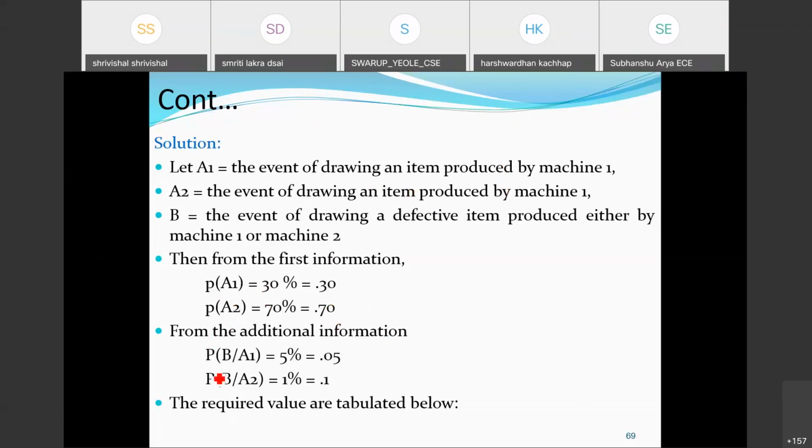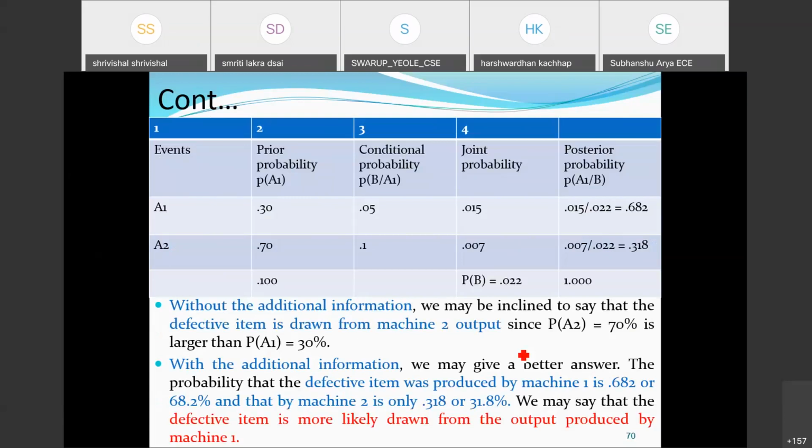From the additional information, B is the event of drawing a defective item produced by either machine 1 or machine 2. So the probability of a defective item given A1 is 5%, 0.05, and given A2 it is 1%, which will be 0.01. This is a correction.